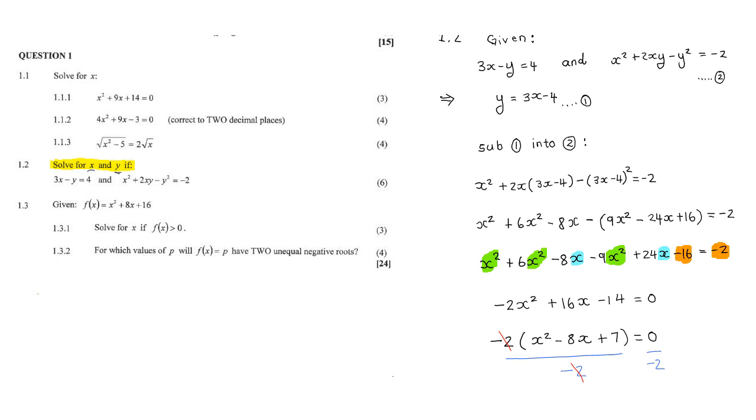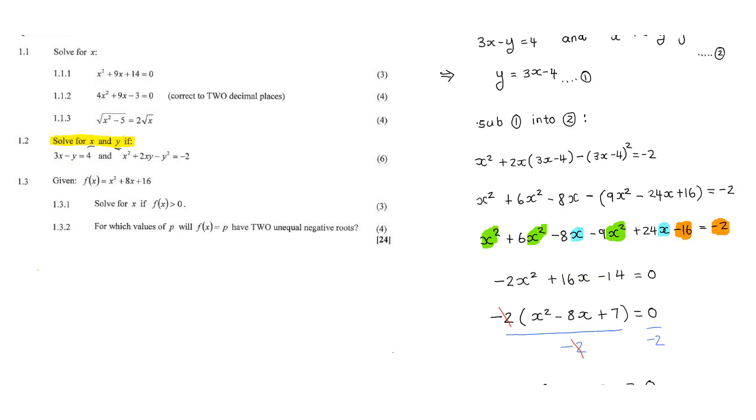So we now have two values of x, right? We have an equation that can calculate y for us. That's 3x minus 4. So we can now just say, right, so this was our first step over here.